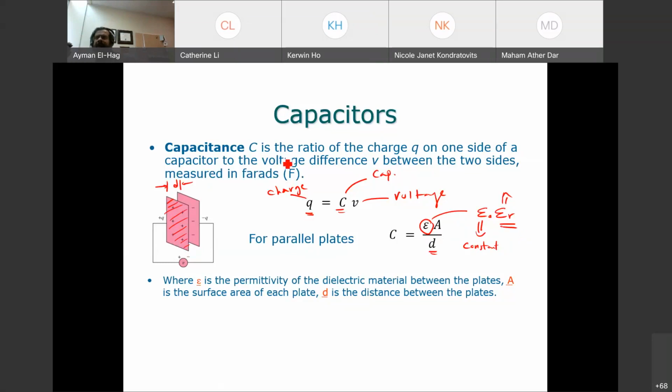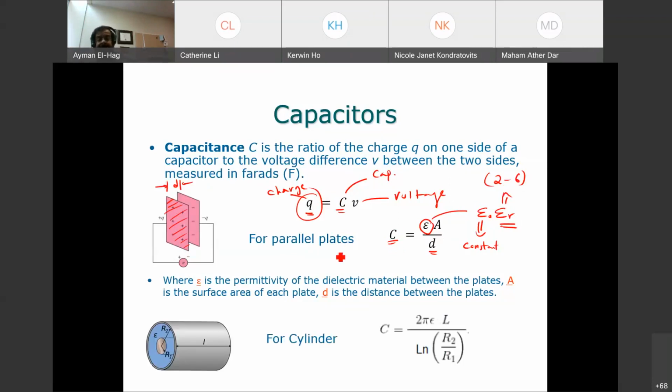All you need to know is that epsilon r is the ability of the material to store energy. And as you can see here, this is a constant. So the higher the epsilon r, the more the C is, and the more charge you can store. That's all you need to know. Now, dielectric material, which is typically the material used in the capacitor, is between 2 to 6, something in this range. So it's a small number. It's not a big number.